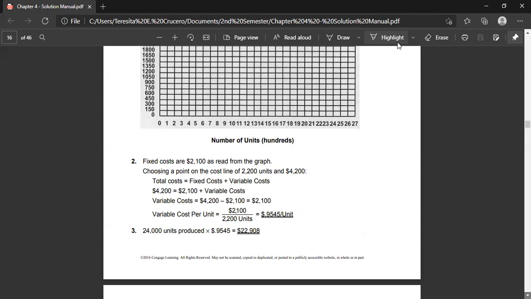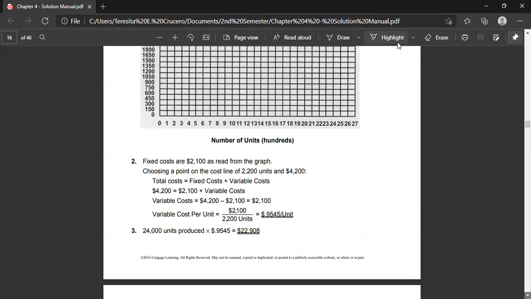However, if we multiply 24,000 units by the variable cost rate of 0.9545, it will give us 22,908. That's for 1 year.